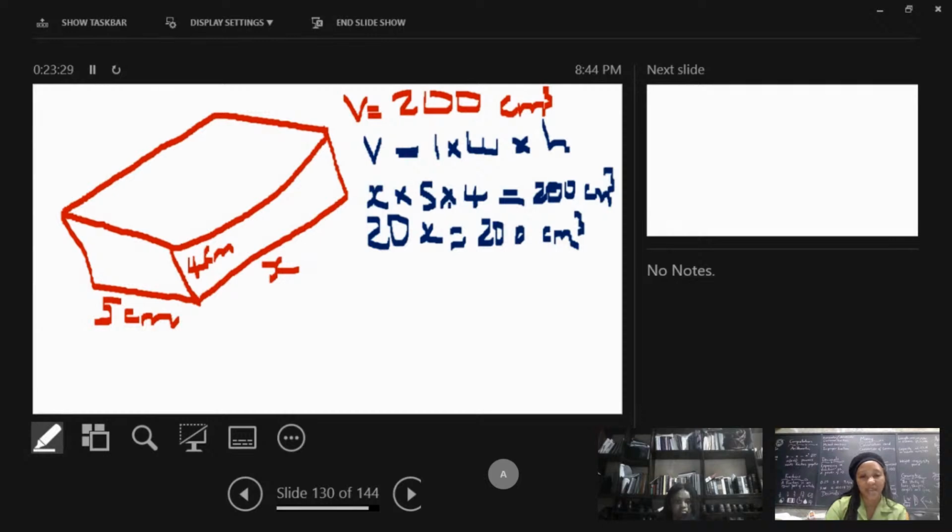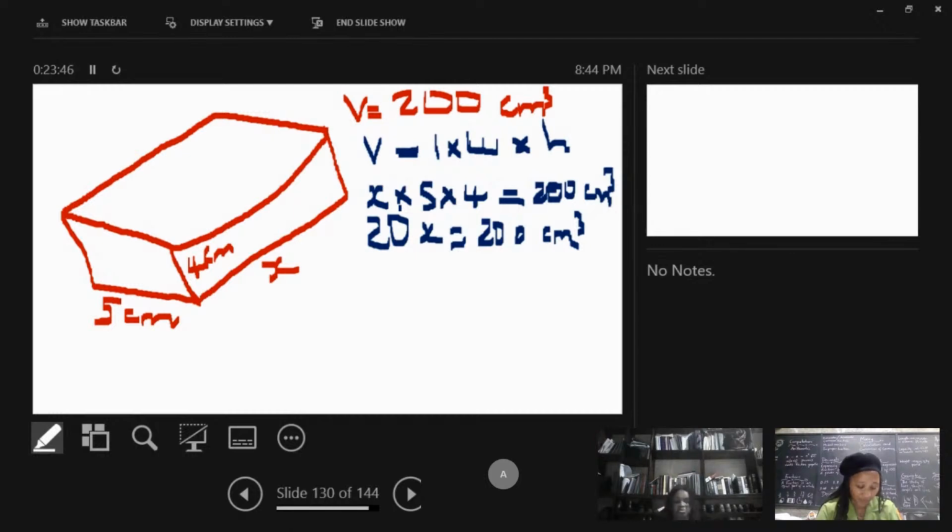So when we multiply x times 5 times 4, what we're really doing is finding the area times x, because volume is area times height.